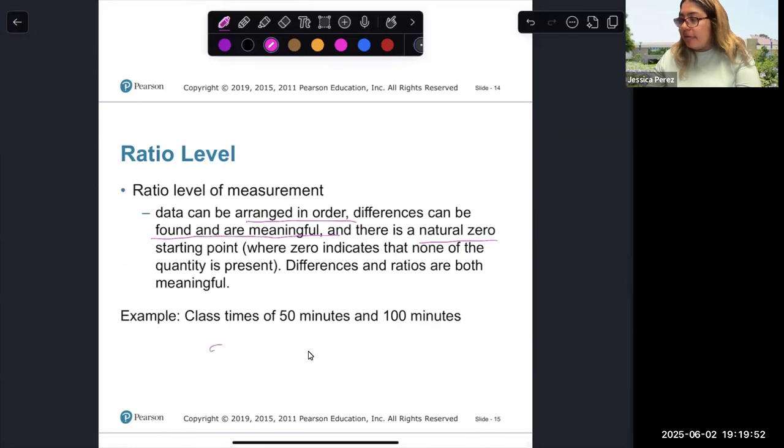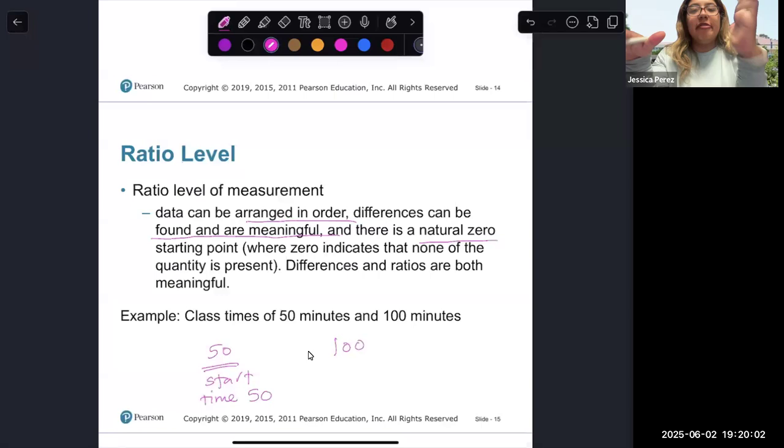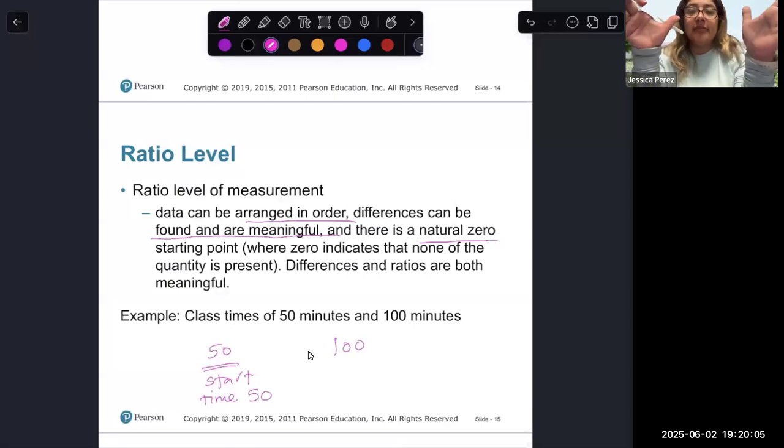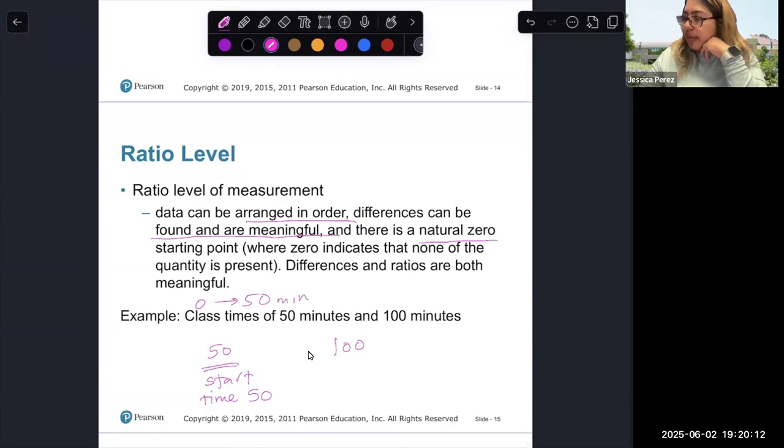We can go from 0 to 50 minutes, or from 0 to 100 minutes. But we know we have a starting point. So for example, if our class starts at 10:10 and ends at 11:25, we know our starting time is our natural zero, where it starts. It has a starting point.